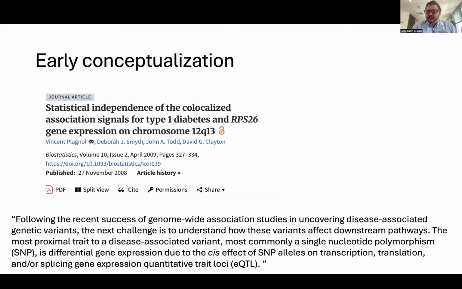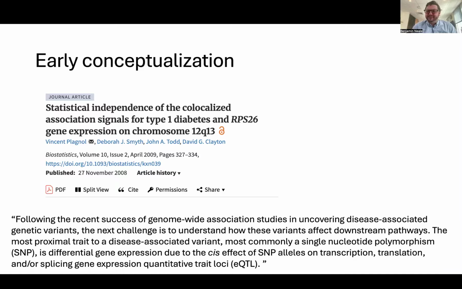But it really was the case that for most common variant associations that we've identified, we don't understand what the biological consequences of that associated variation is. And the whole premise of colocalization approaches is to try and address that gap, to try and identify the proximal cellular and molecular phenotypes that might be influencing the outcome trait or disease that you've done the GWAS on in the first place.